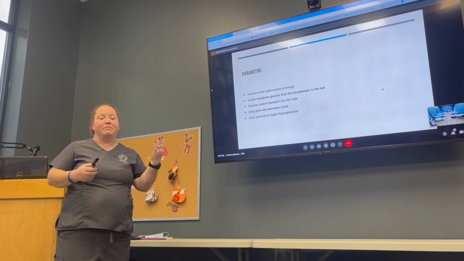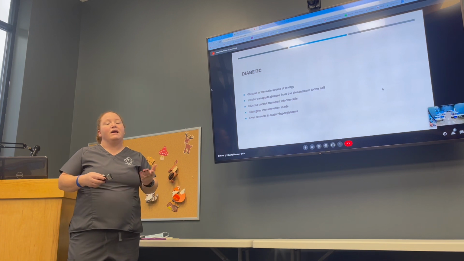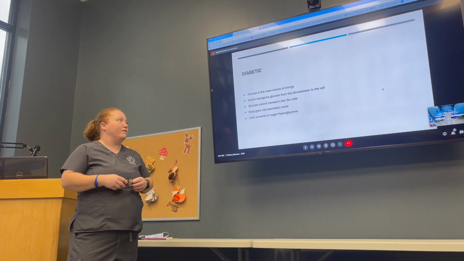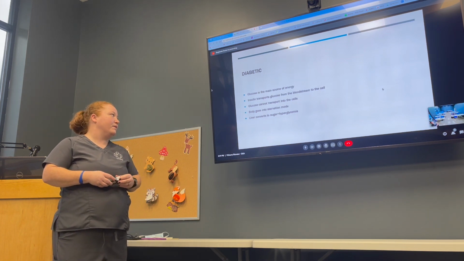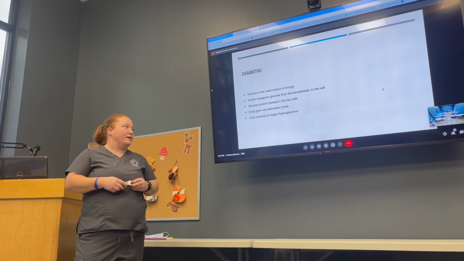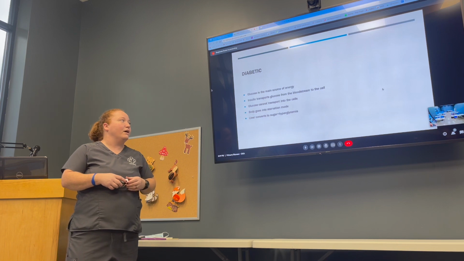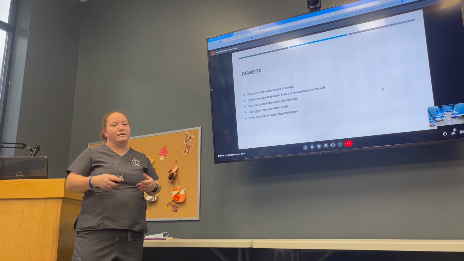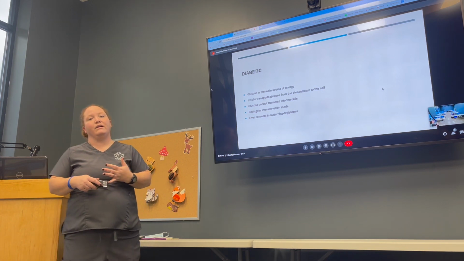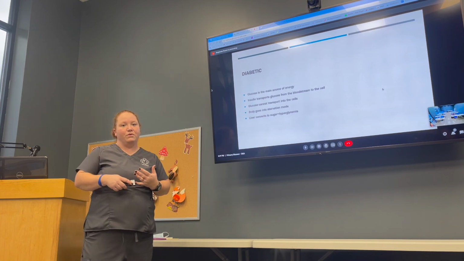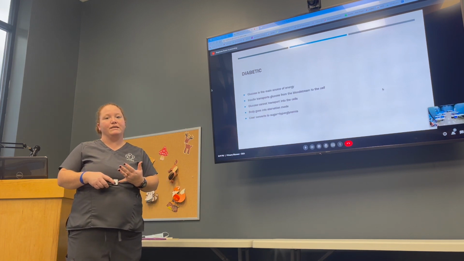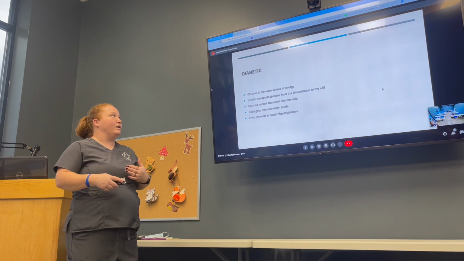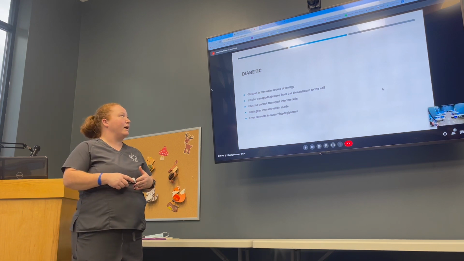You may even see muscle atrophy in areas, and that's all from the breakdown of the muscle cells. The liver is what converts the sugar for patients that are hyperglycemic, so you may have elevated liver enzymes. When you do your chemistries, these all fall into the diabetic category.